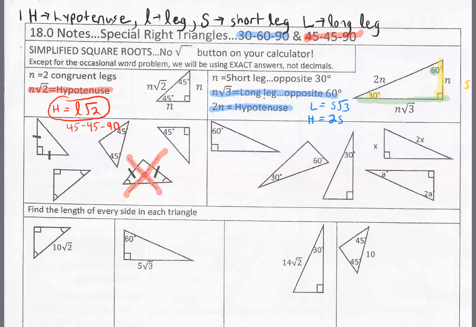So please remember, the short leg is always opposite the 30-degree angle, and the long leg is always opposite the 60-degree angle. Okay, so let me just write down here: all of these down here are 30-60-90 triangles.